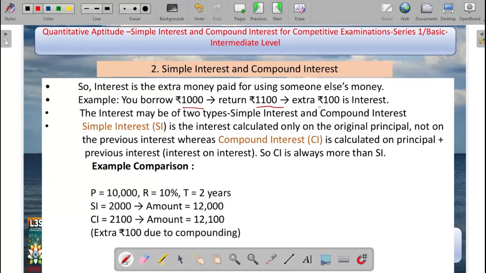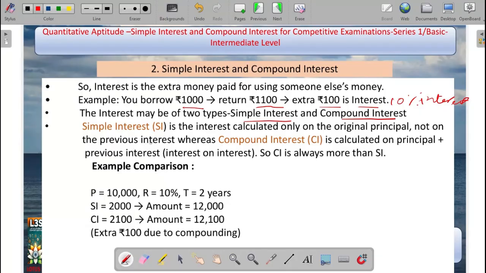So the extra 100 rupees is the interest. It is 10% interest, because 100 is 10% of 1000.